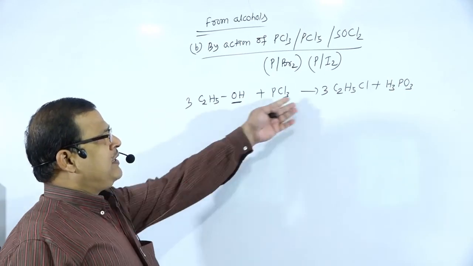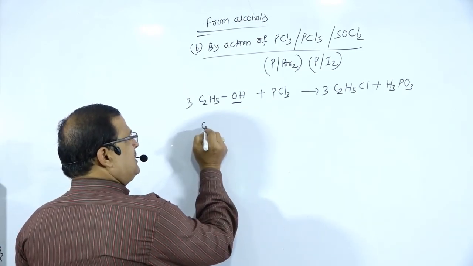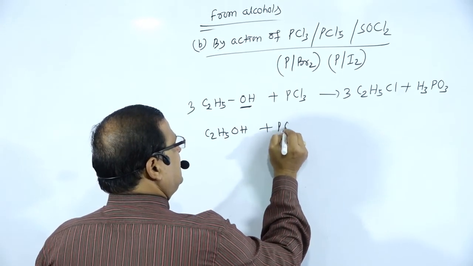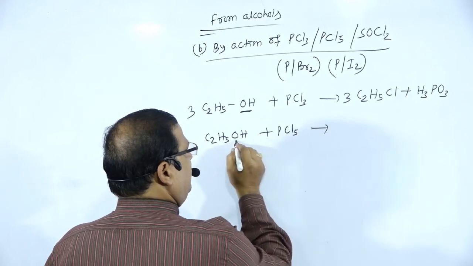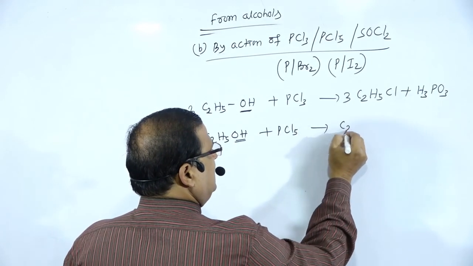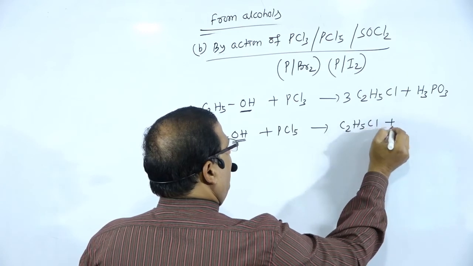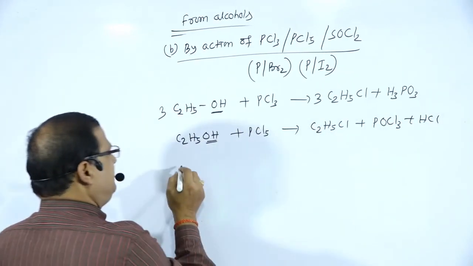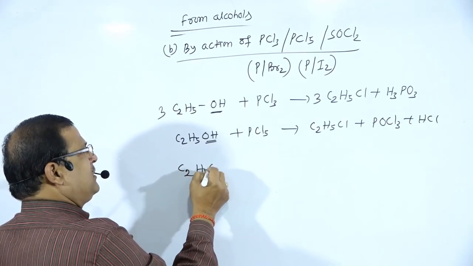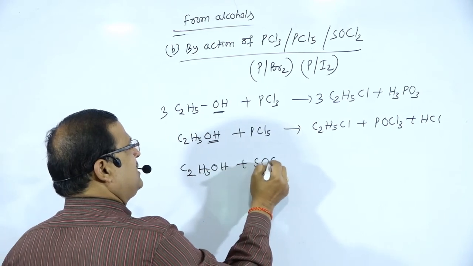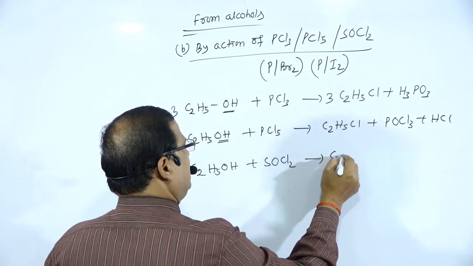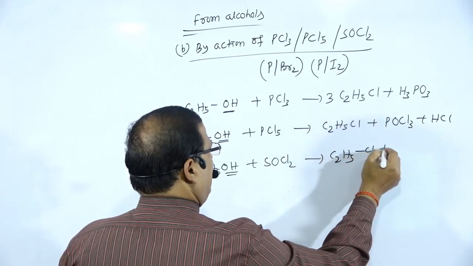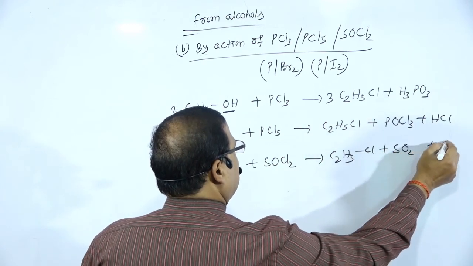We have given it in balanced form. Next, C2H5OH treated with PCl5: the OH group is again replaced by Cl, giving C2H5Cl plus POCl3 plus HCl. Then C2H5OH with thionyl chloride, SOCl2: the same OH group gets replaced by Cl, giving C2H5Cl plus SO2 plus HCl.